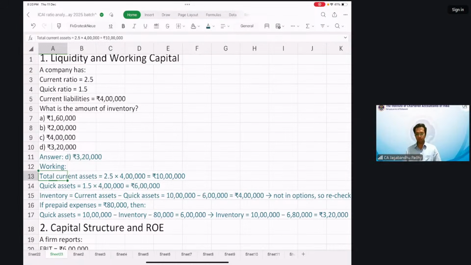And then the quick assets will be 1.5 times of current liability, which is 6 lakh. And inventory is obviously going to be current assets minus the quick assets, which is 10 lakh minus 6 lakh is 4 lakh. So of course option is C, guys.